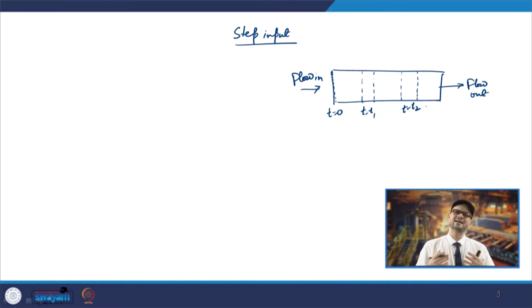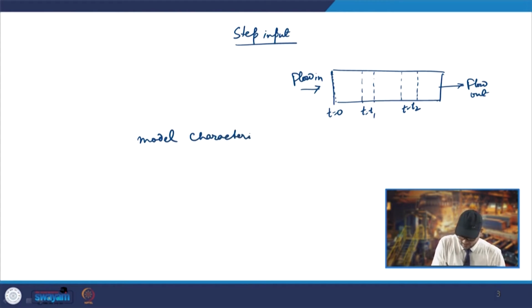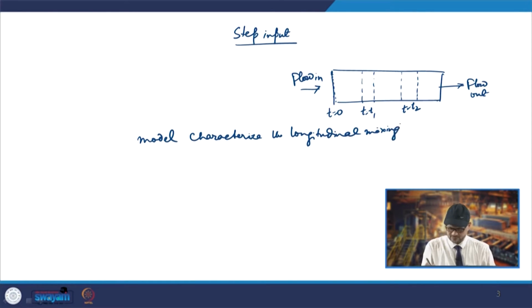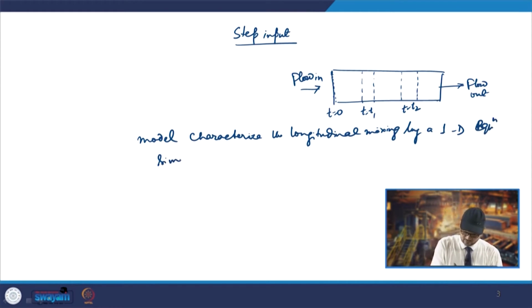Here you will have a constant of proportionality, and this constant of proportionality is known as the eddy diffusivity. So, this is the model which characterizes the longitudinal dispersion or longitudinal mixing, by the one dimensional equation similar to Fick's law of diffusion.